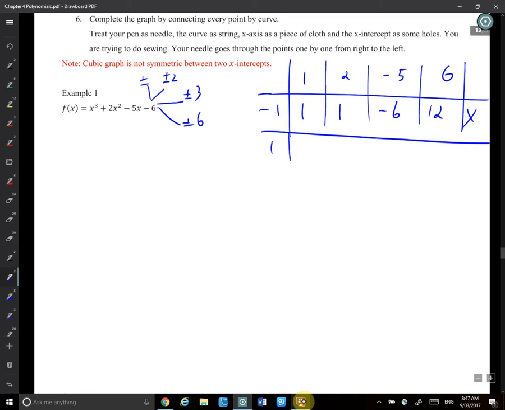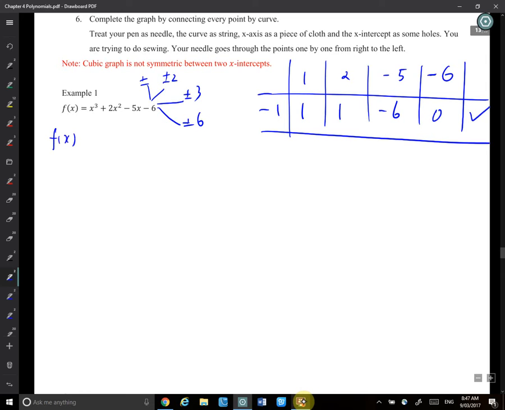So let's try 1. Oh, wait, that's a negative 6, that's why it's not working. So 6 plus negative 6 is 0. So negative 1 works.